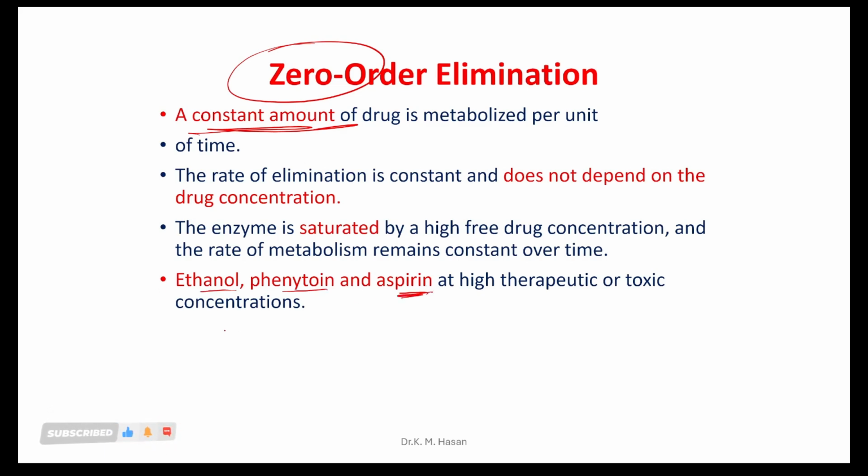For example, every 2 hours a specific amount is eliminated. Here we don't have a proportion or fraction or percentage; we have an amount of medication eliminated in every specific amount of time. So three medications present this process of elimination, zero order: ethanol, phenytoin, and aspirin.